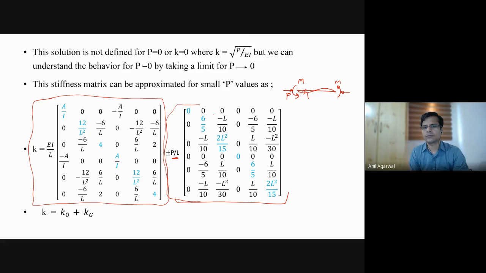In most of these softwares, let's say STAAD or SAP 2000, there is a button which says switch on geometric nonlinearity. As soon as you switch on that button, it stops ignoring this matrix and starts to include this matrix in the calculation. That's all it does.